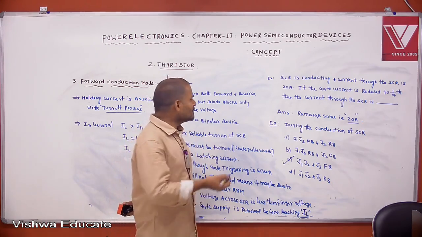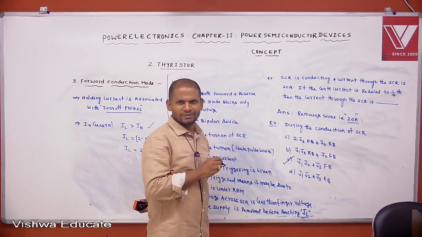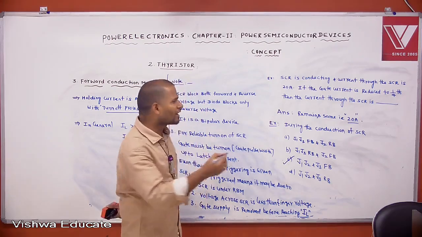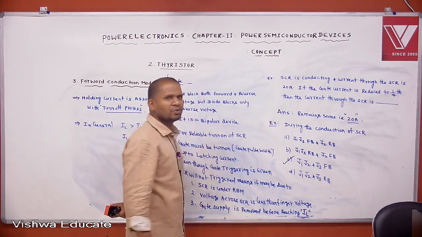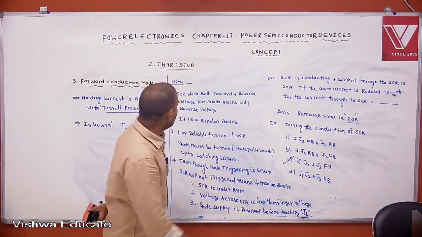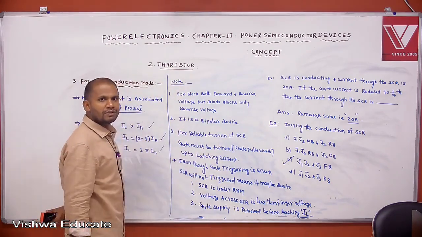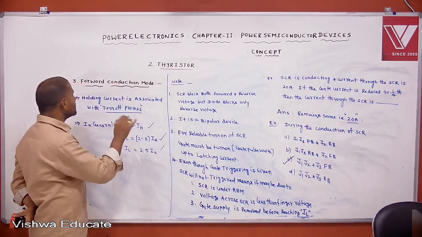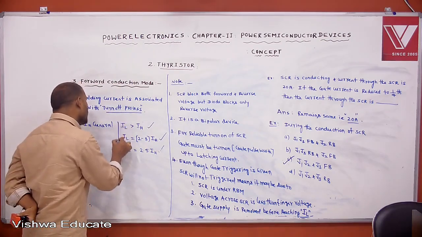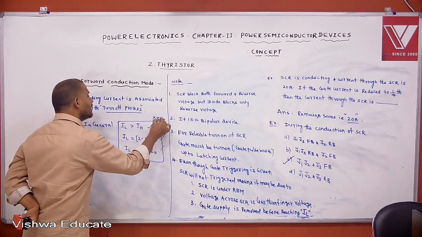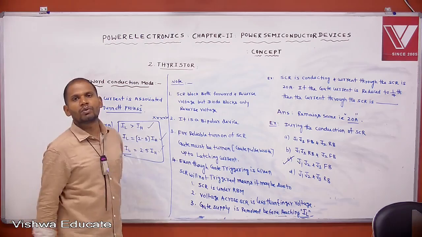Okay, like this we can expect any theory questions. Some more questions I will discuss in classroom work. Just from a concept point of view I am giving these two examples. These extra points you concentrate. Then what exactly is forward conduction mode, and these relations are very important. These are 5-star relations to solve any problem.